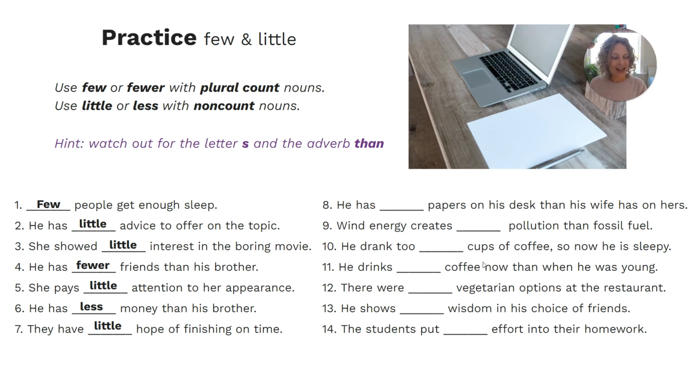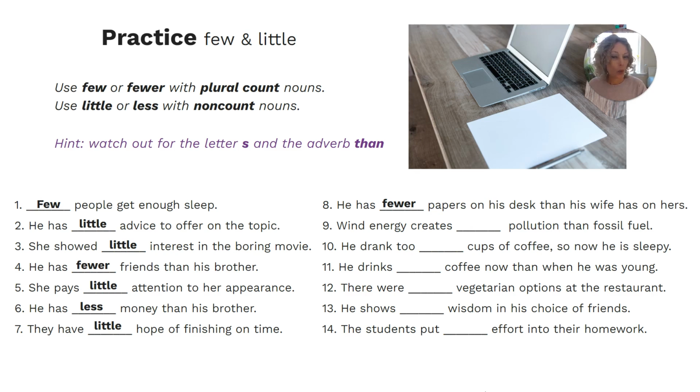Number 8, he has blank papers on his desk than his wife has on hers. So again, we're comparing the husband and the wife. It's a comparative sentence. And the noun that we need to quantify is papers. So it's plural. So we need, he has fewer papers on his desk than his wife has on hers.